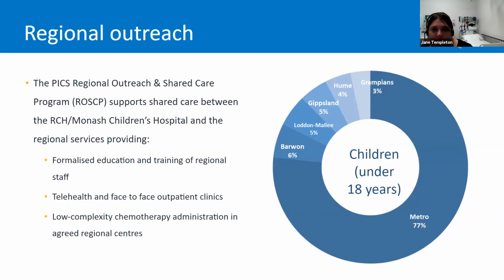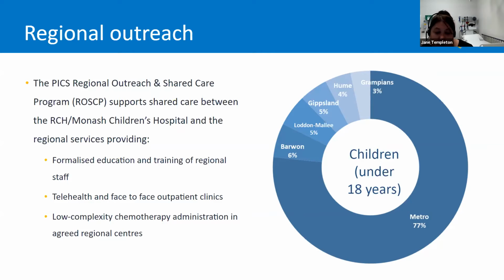I talked a little while ago about the regional outreach program. The regional outreach and shared care program facilitates shared care between Royal Children's Hospital, Monash Children's Hospital and our regional health services by providing education and training to the regional staff, telehealth and face-to-face regional outpatient clinics. And we now also can give some low complexity chemotherapy at agreed sites.